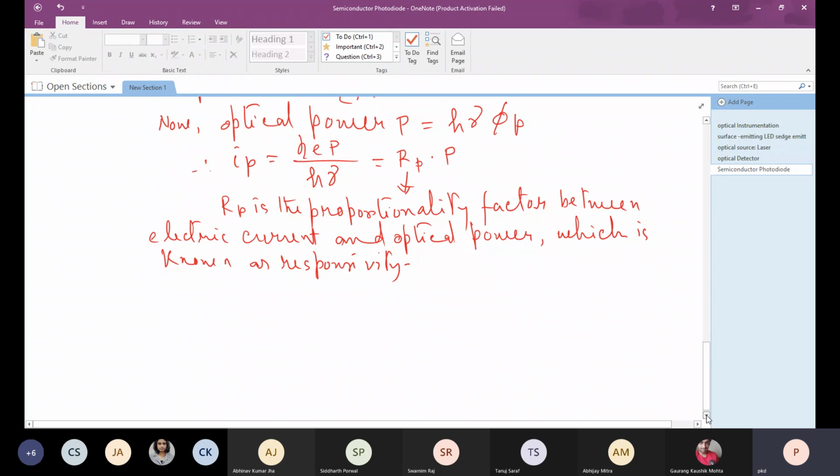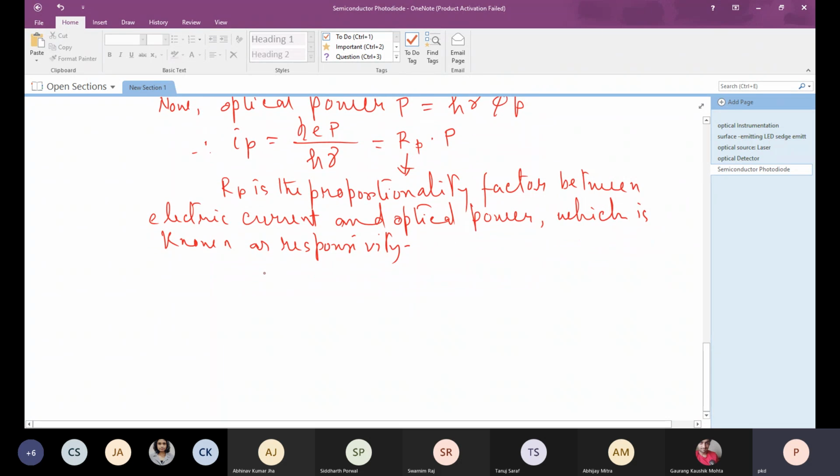Usually, manufacturers give this responsivity figure corresponding to a calibration achieved by some experiment. So RP is equal to IP by P. This is in units of ampere per watt.